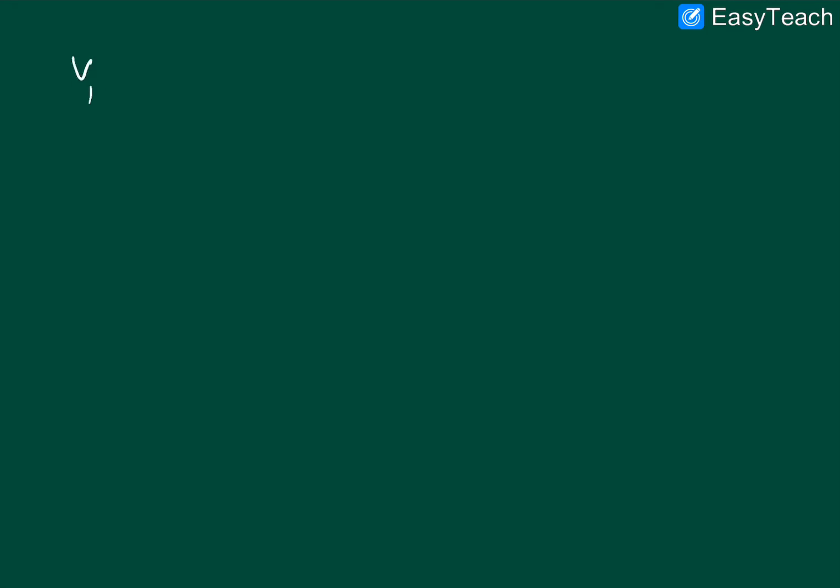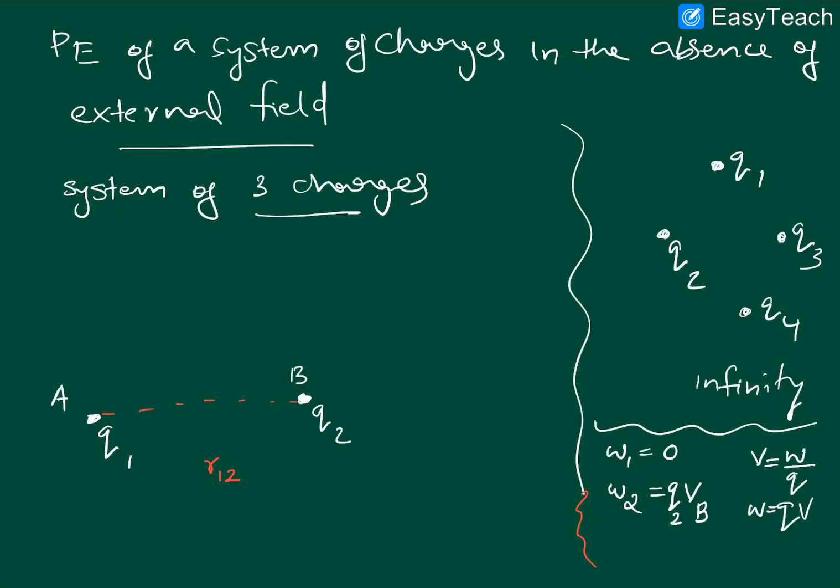You already know who is creating potential at B. Actually Q1 is creating potential at B. Initially Q2 is not here, so only Q1 is there. Q1 is creating a potential at B, and in that potential you are bringing Q2. Q1 is a point charge.